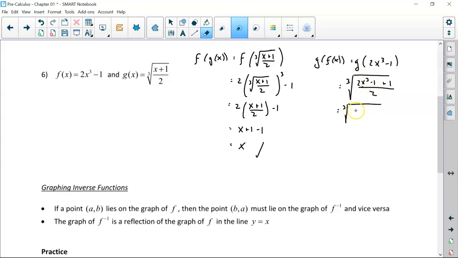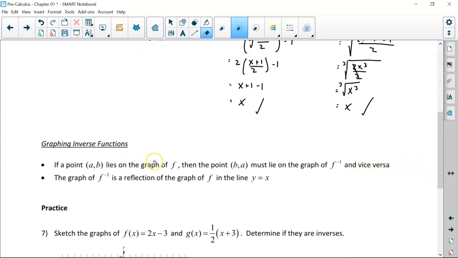Combine your like terms in the numerator, you get 2x cubed over 2. Now the 2's cancel, so you're left with the cube root of x cubed, which gives you x. You really want to watch your order of operations here for these problems. Some people just kind of start canceling things crazily, and they're breaking the rules of order of operations. You cannot do that. You must do them in a certain order.